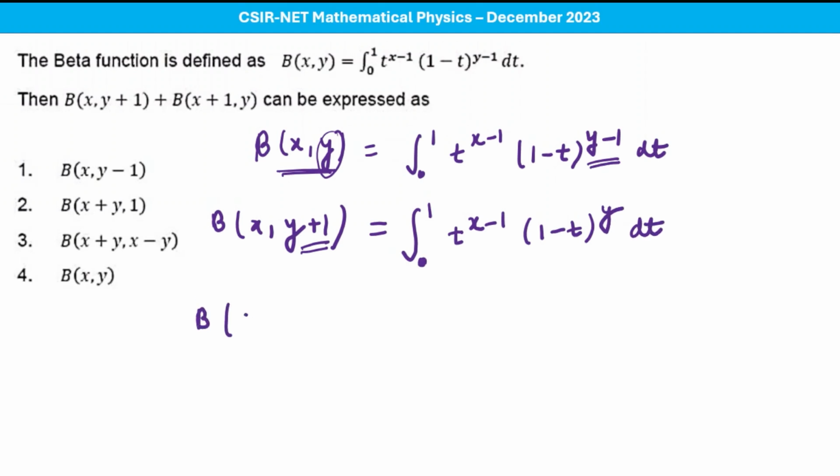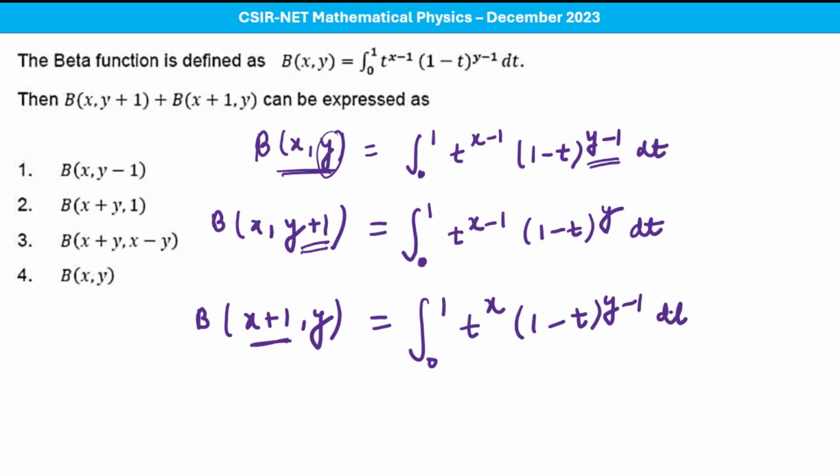And if we write B(x, y+1), then we just have to replace x with x+1. So it is the integral from 0 to 1 of t^x (1-t)^(y-1) dt. Now we have to add these.